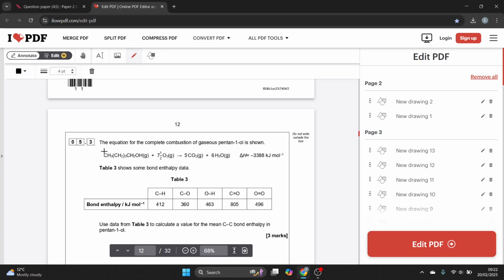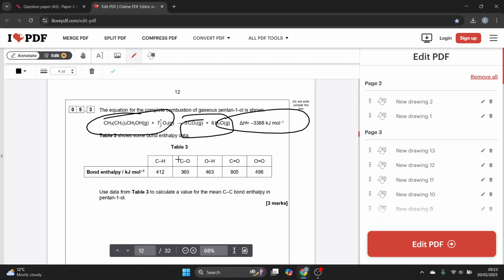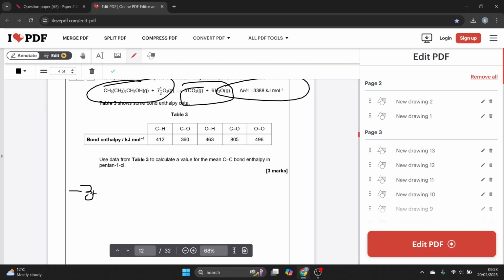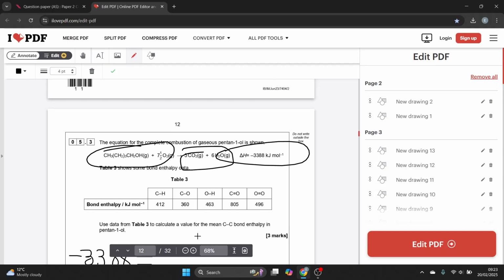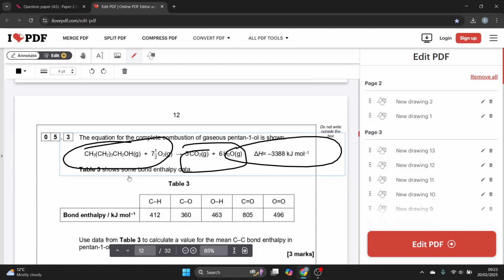So energy required to break bonds minus energy released when new bonds are formed, and I've got delta H as minus 3388. Energy required to break bonds, so I will draw this part out.